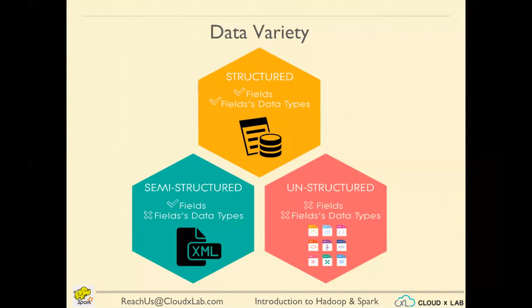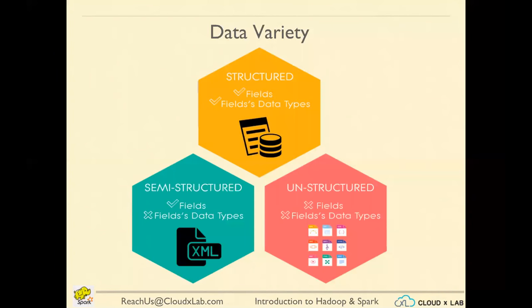The data which has columns, and in which we know the data type of each column, we call structured. The structured data essentially has columns, and the data type of the columns is the same and well defined. Now, that's called structured.